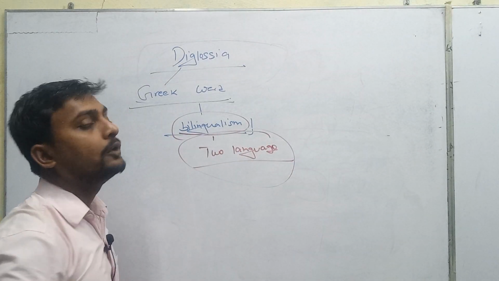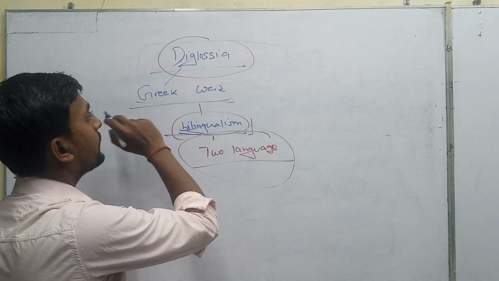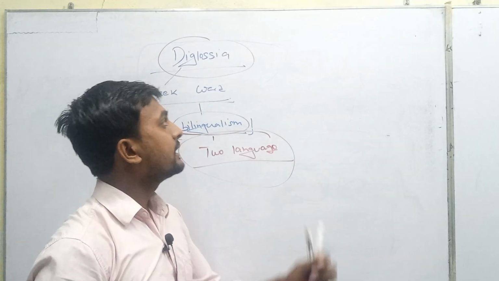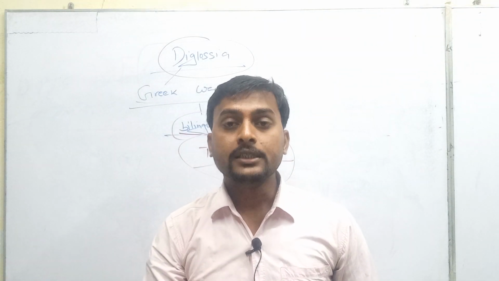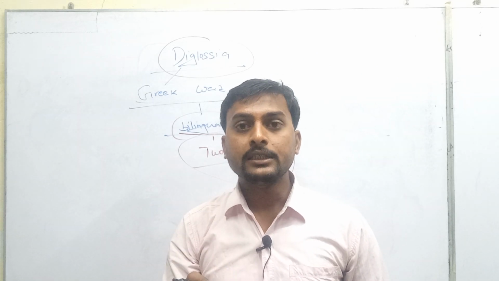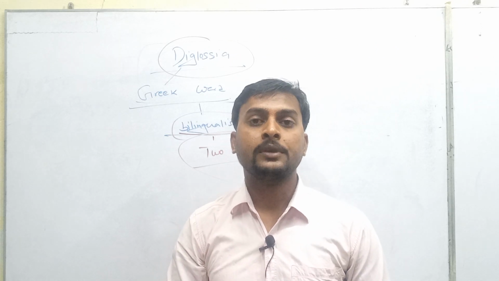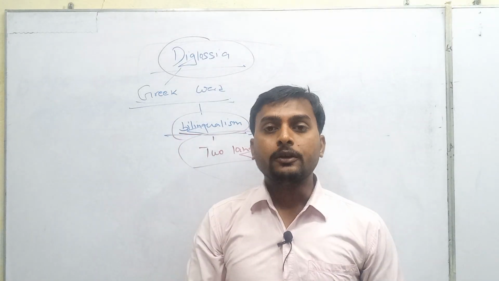That person is a bilingual speaker. So diglossia is a Greek word which means bilingualism, and the definition of diglossia is that it is a situation in which two dialects or languages are used by a single language community. So that was all about diglossia.